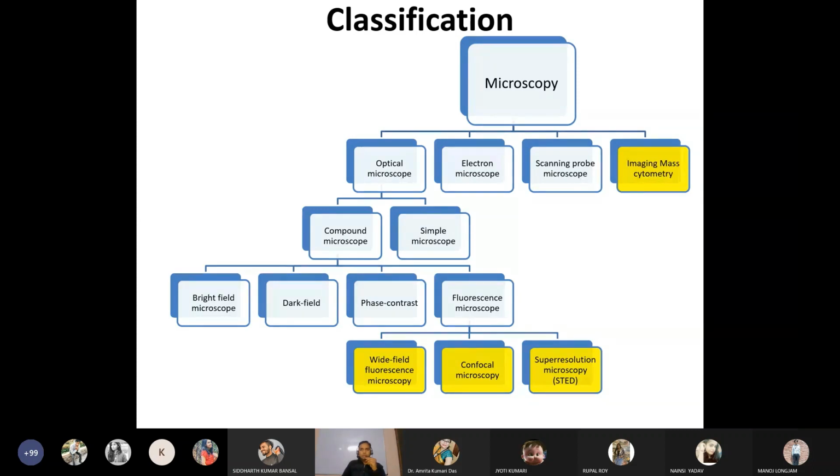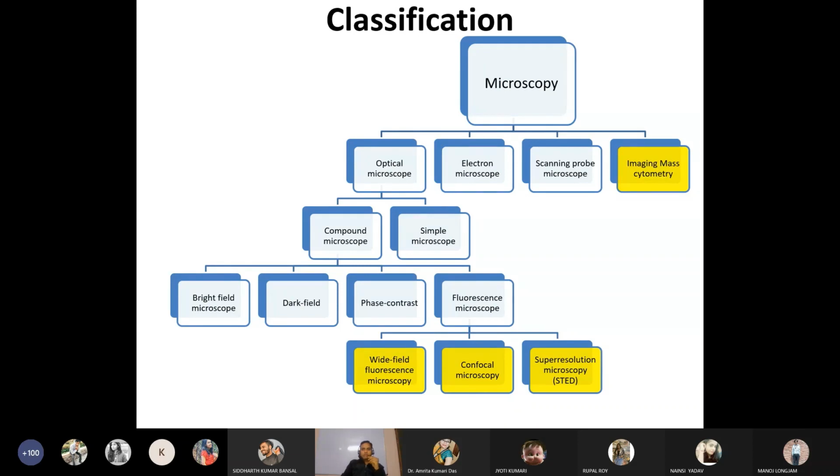You might have seen so many colorful images in seminars, presentations, and today I'm going to focus on that particular aspect of microscopy, like what is fluorescence microscopy and how we move forward in improving the images where the resolution is more important for getting the proper contrast and getting the proper images. So we'll discuss it through the lecture.